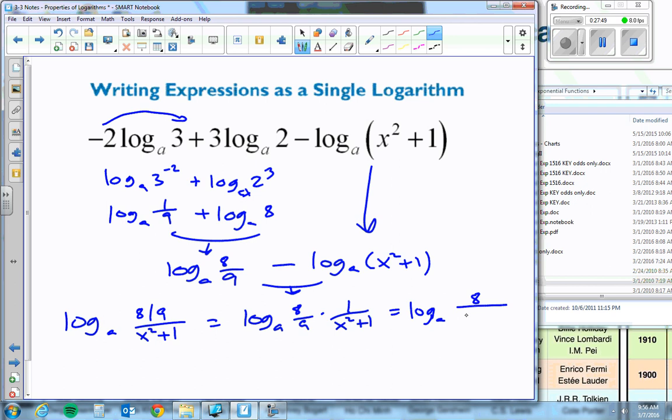And the denominator, you can keep the 9 as a separate factor if you want, I don't care. So either like that or 9 times x squared plus 1 is the denominator. So there you go.